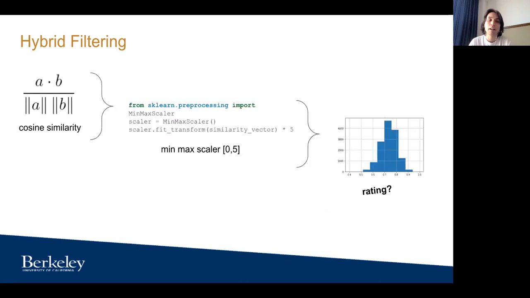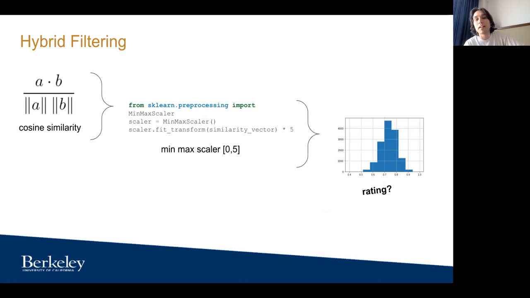Anyway, this is the process. You get your cosine similarity, you scale that cosine similarity, and then you get some sort of rating. I'm scaling it between 0 and 5 so that I can distribute those similarity scores, where 5 is 5 stars and 0 is 0 stars.